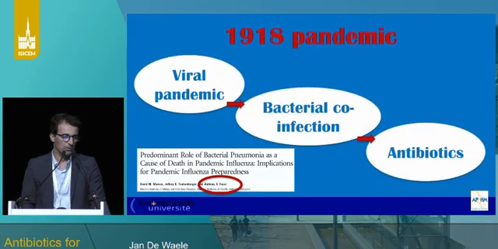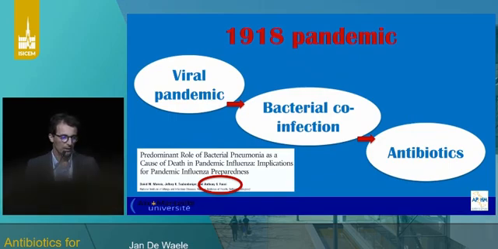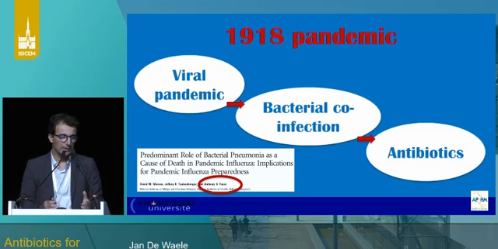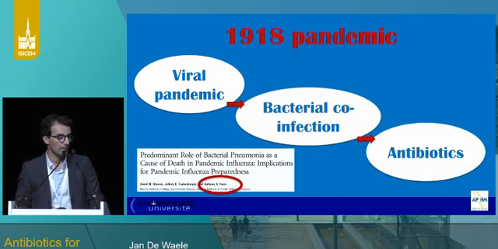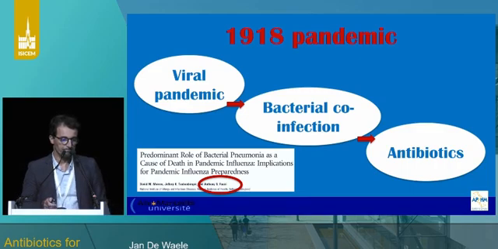Since this time, there is a strong argument that in viral pandemics there is a bacterial co-infection which is responsible for death, and so there is a need for antibiotics in these patients, and that was defended by the most famous experts in the world.